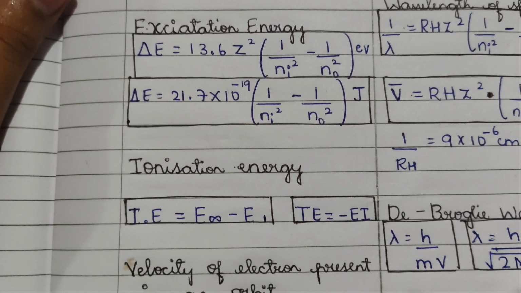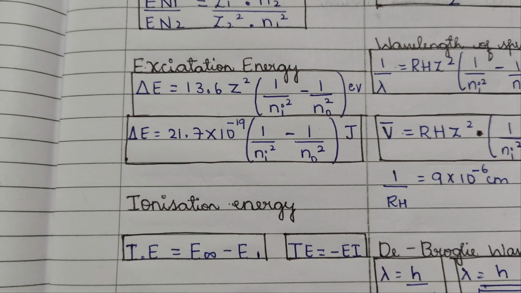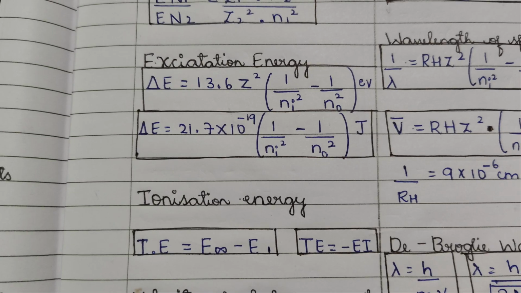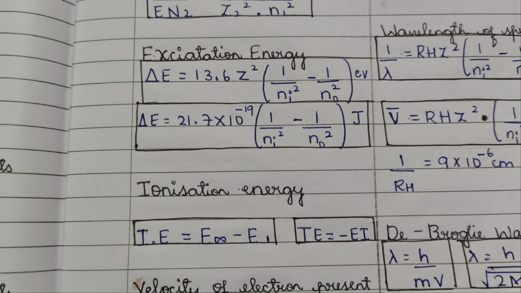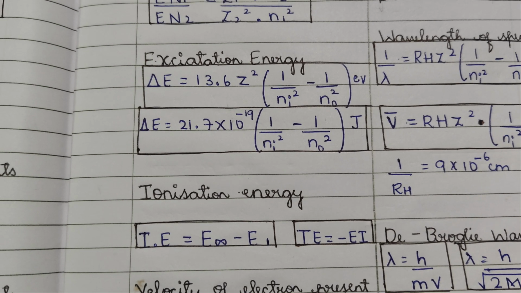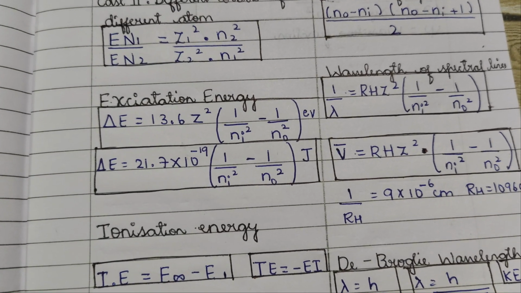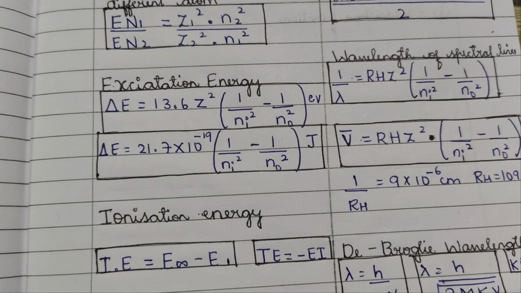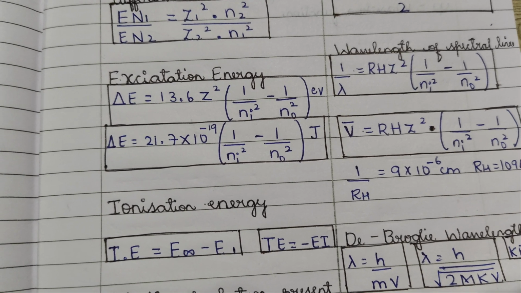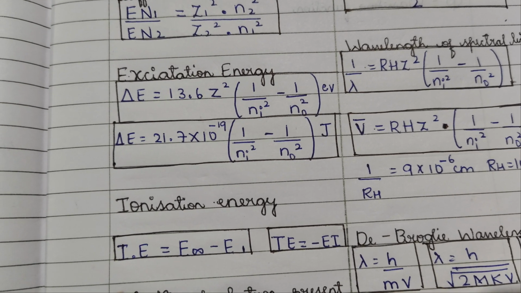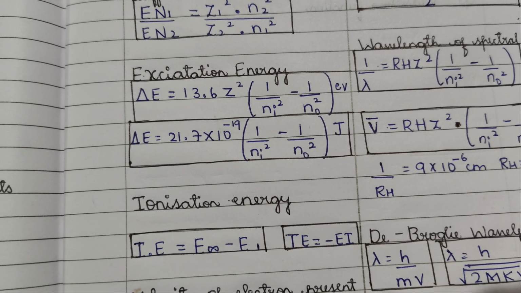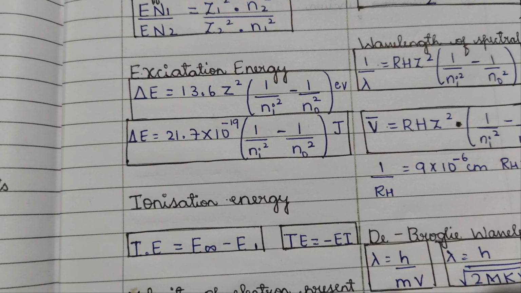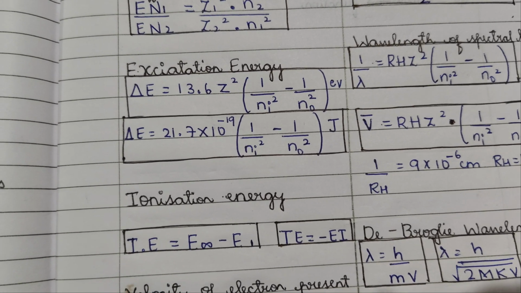Next, excitation energy. Delta E is equal to 13.6 z square into 1 by n initial square minus 1 by n final square in electron volt. If they ask in joules, delta E is equal to 21.7 into 10 power minus 19 into 1 by ni square minus 1 by nf square, which is in joules.